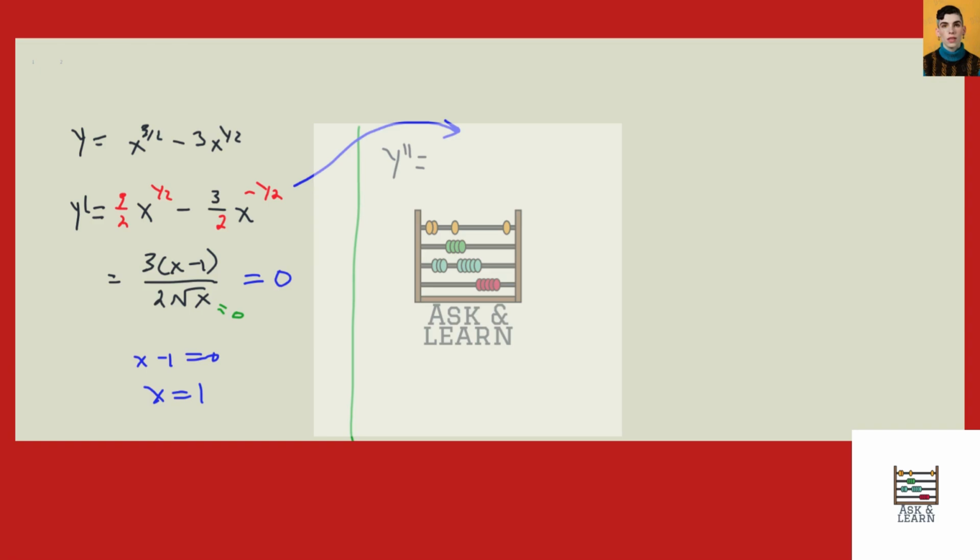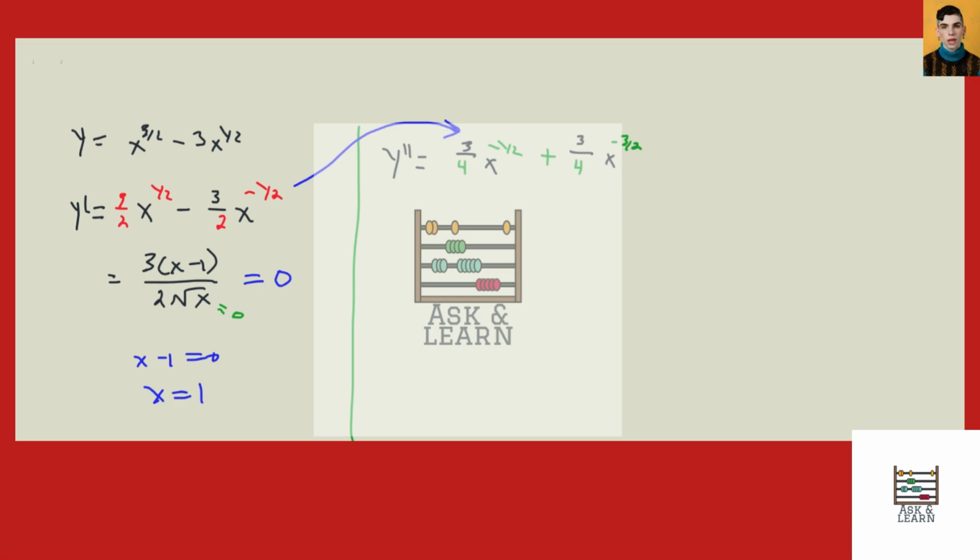So doing that is going to give 3/4 x to the negative 1/2, plus 3/4 x to the negative 3/2.